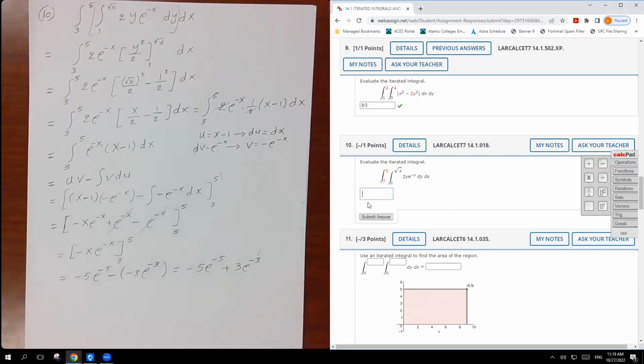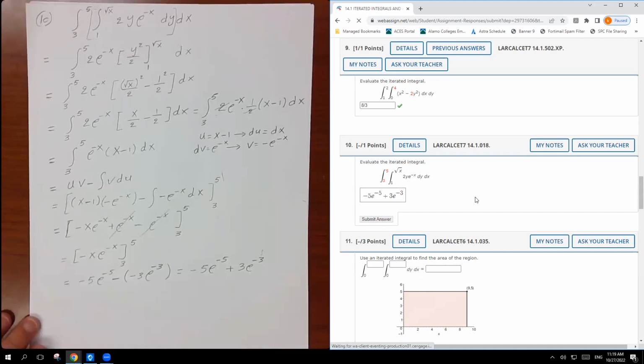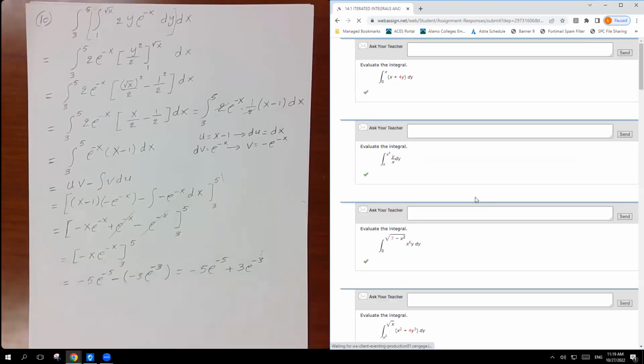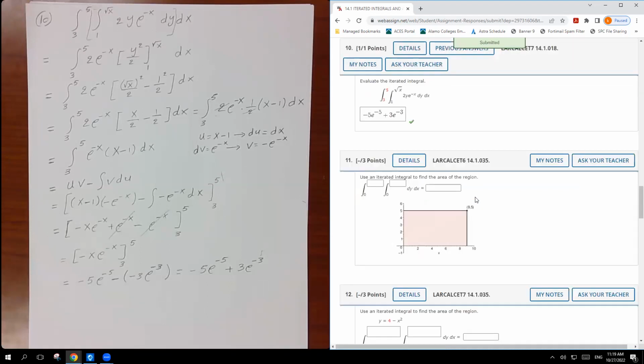So the answer is negative 5e to the negative 5 plus 3e to the negative 3. Here we go.